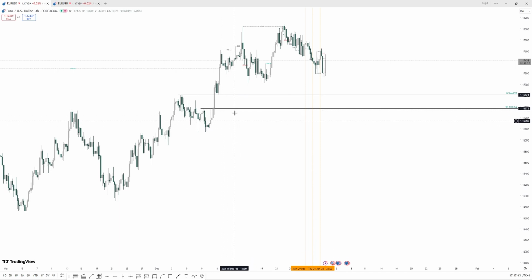Listen, guys, it's serving as an inducement. The way I'm looking at this, it is a kind of trap. The weekly fair value gap is serving as a trap. But if you look at it very well, you see that the daily fair value gap and monthly fair value gap fall on the same zone, and the weekly fair value gap is serving as an inducement into the daily and monthly fair value gap. This is a trap, the way I see it.